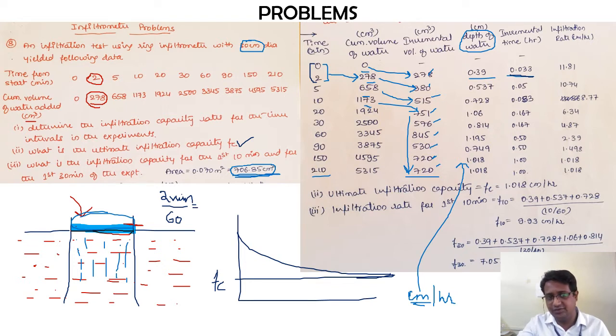So 2 divided by 60, if you do, it is 0.033. So this is in terms of hour that we are getting. Here, the time duration we have is basically the numerator, so it will be 2 minus 0 divided by 60 will be the first value that we got over here.